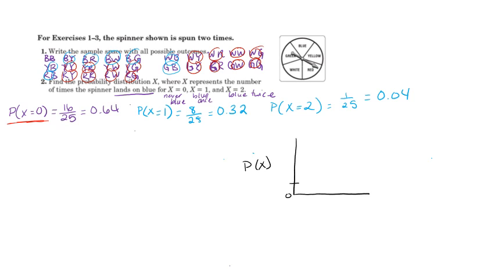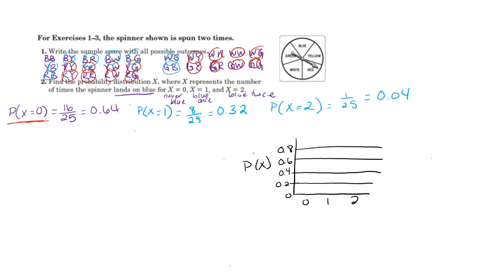We'll put 0.2, 0.4, 0.6, 0.8, and then 0, 1, or 2, and X equals the number of times the spinner landed on blue. Again, this should be on your sheet, but I accidentally didn't copy it over.